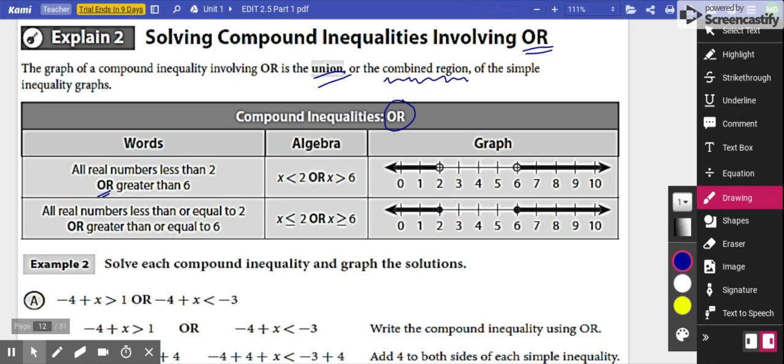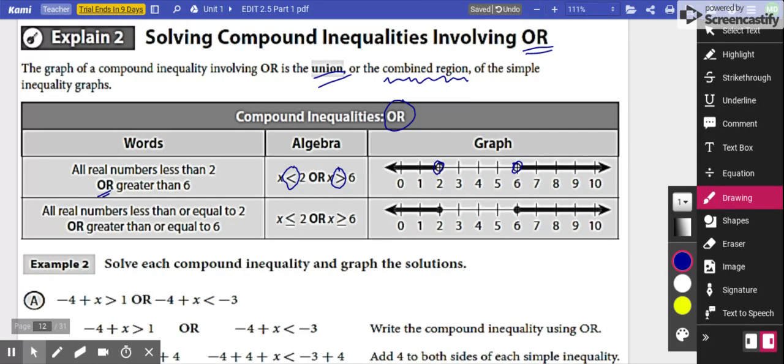So just like our rules for our and graphs, we take a look at our inequality symbols. Okay? These are less than and greater than symbols, therefore I have open circles on my graphs. They're open, open, open. We do not include 2 and 6.